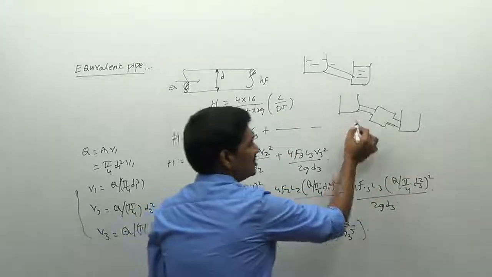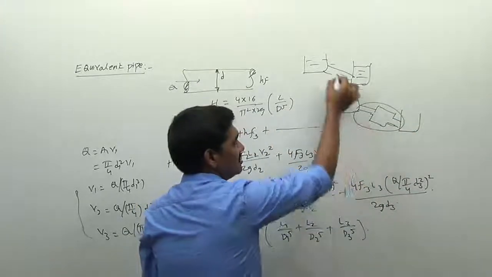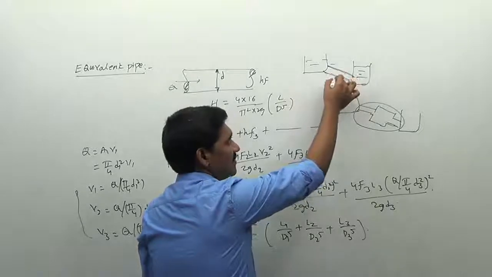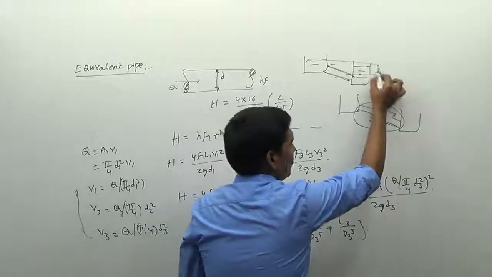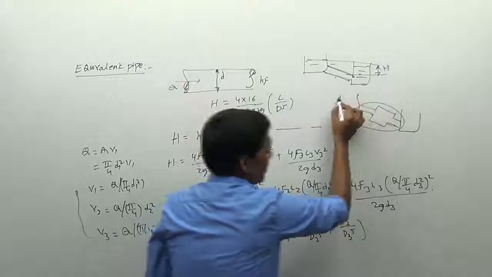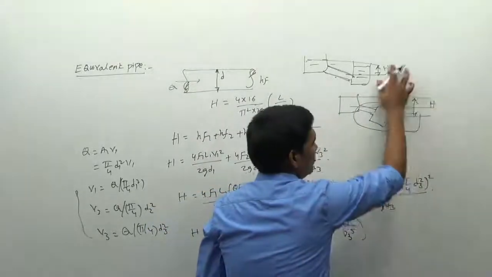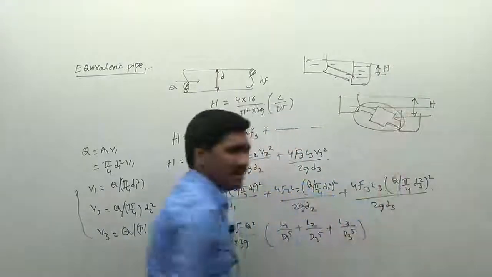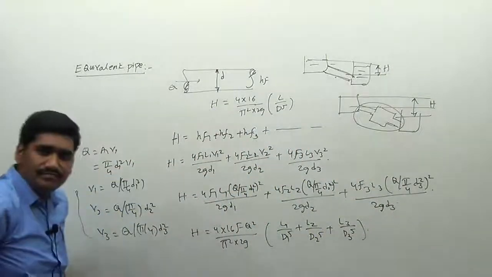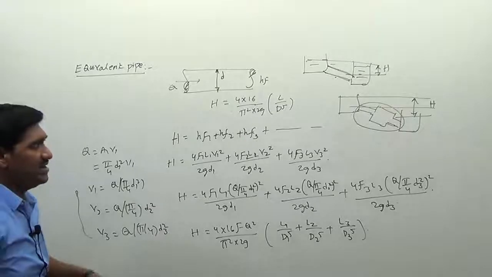This is the pipe in series. This is the equivalent pipe. Whatever it may be, the height, the difference between the levels of the tanks, is always constant, equal to H.